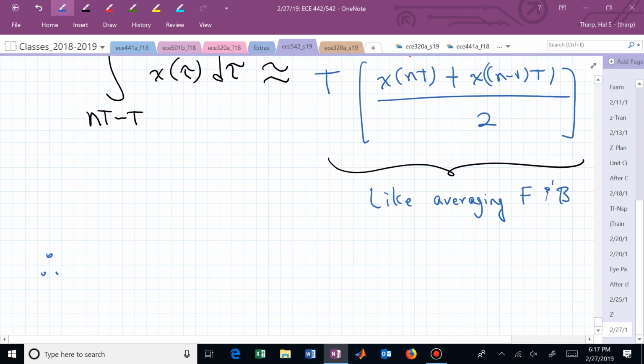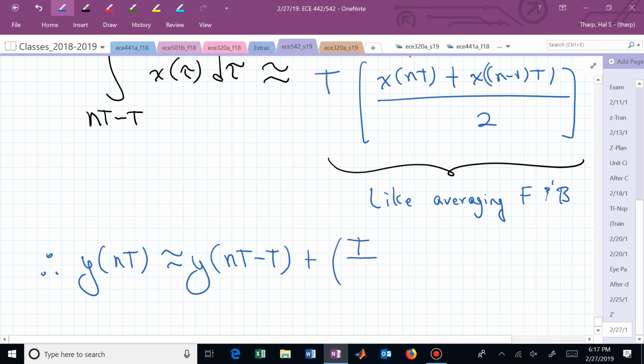In our difference equation, we now have y of nT is approximately y of nT minus T plus T over 2 times x of nT plus x of (n minus 1)T.